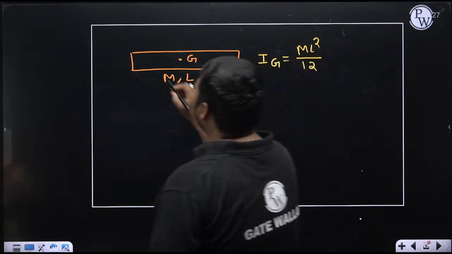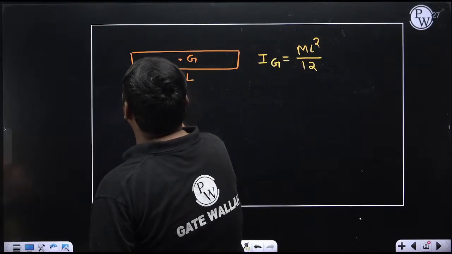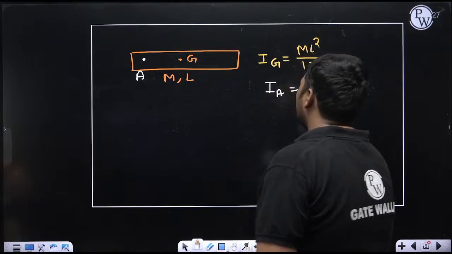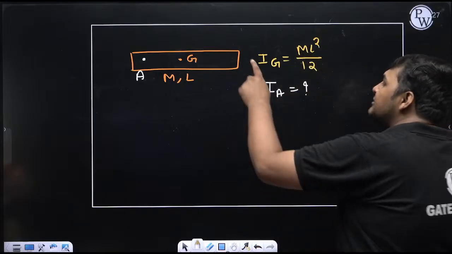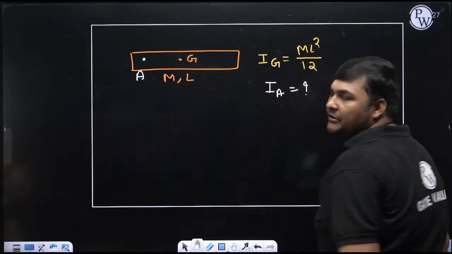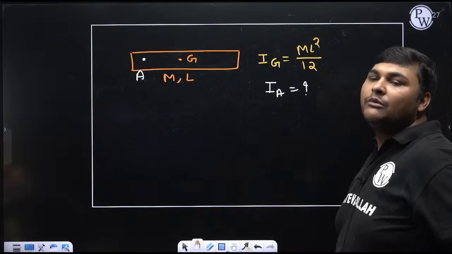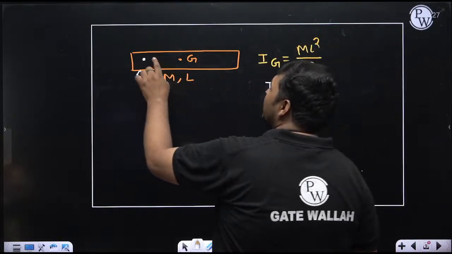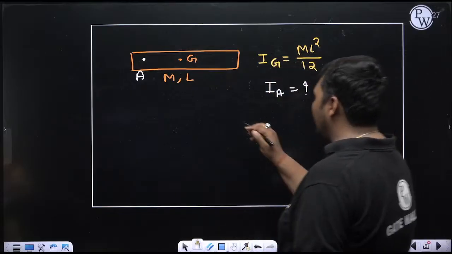But suppose my objective is to calculate mass inertia about this point, suppose this point is A. So if I want to calculate mass inertia about A, how can I calculate it? See, if you know the mass inertia of this body about center of gravity, then by using a theorem known as the parallel axis theorem, I can calculate the mass inertia of this body about A also. How? See, I am writing the formula.